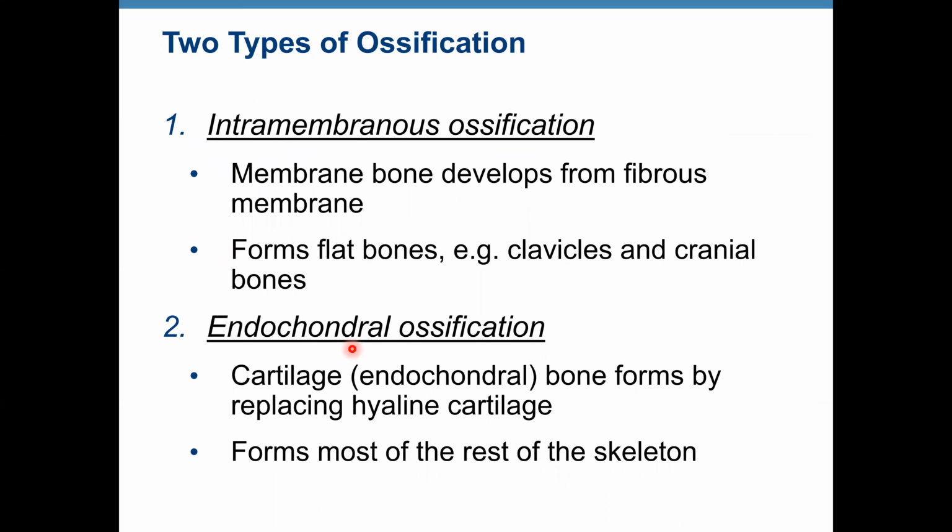Endochondral ossification, you see this word chondral, means that bones will form from cartilage model. So the hyaline cartilage model will be ossified. And by endochondral ossification, all the bones below the skull are formed. Intramembranous: cranial bones and clavicle.